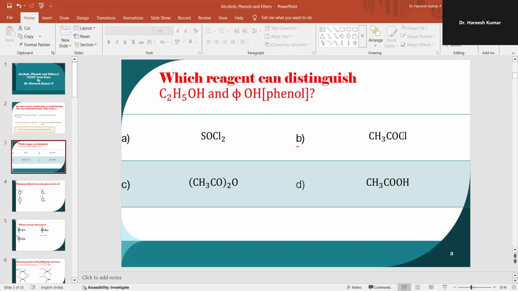That's the reason acetyl chloride is the one. Acetyl chloride reacts immediately with ethanol and gives effervescence, whereas phenol reacts slowly. Let's take one more question.